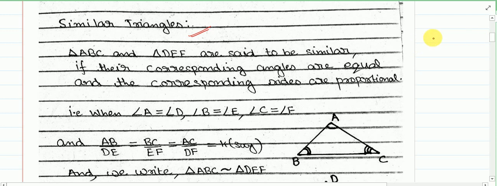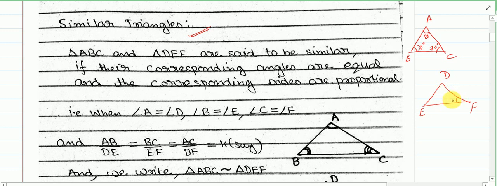So let's say I have one triangle, this is A, B, C, here it is 30°, here it is 70°, and here it is 80°. I consider another triangle DEF.